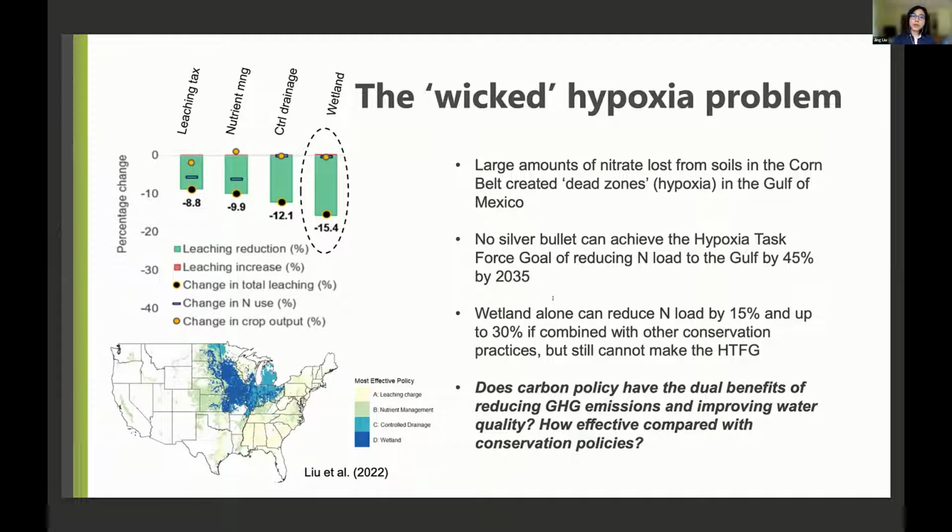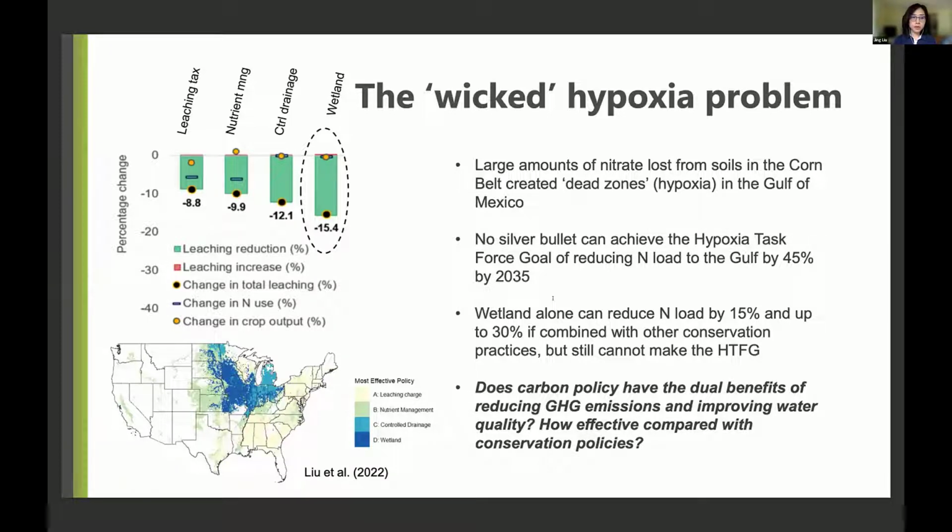We looked at different conservation practices, including a leaching tax, nitrogen management practices like split dressing and precise application, and also location-specific conservation practices like controlled drainage and wetland restoration, and compared them individually and combined to see how effectively they can reduce the nitrate load in the Mississippi River Basin that has been causing the hypoxia problem in the Gulf of Mexico.